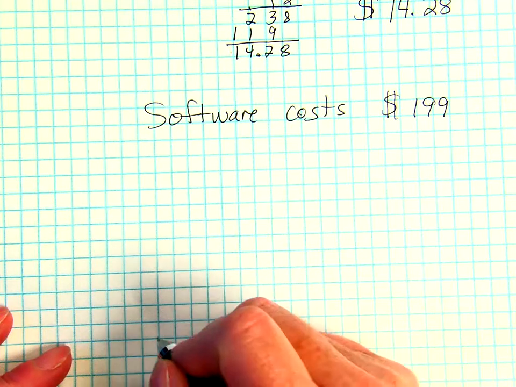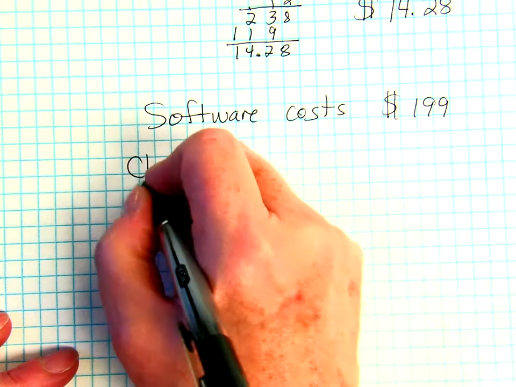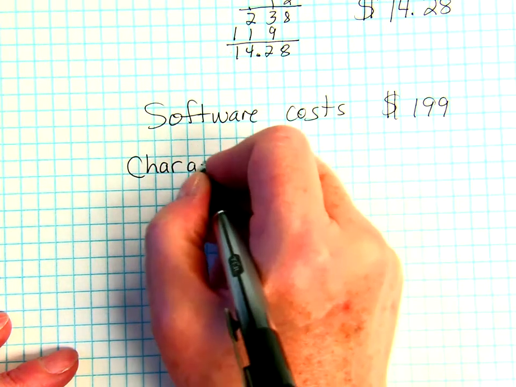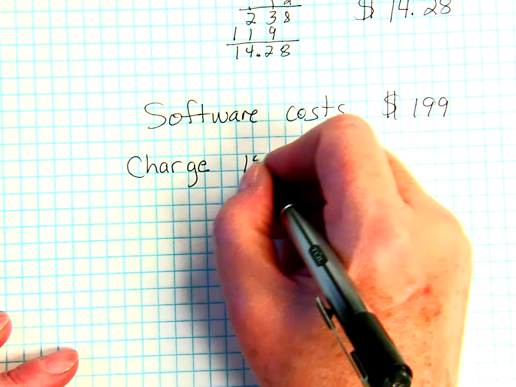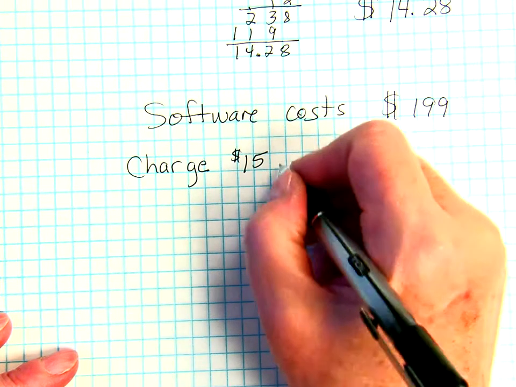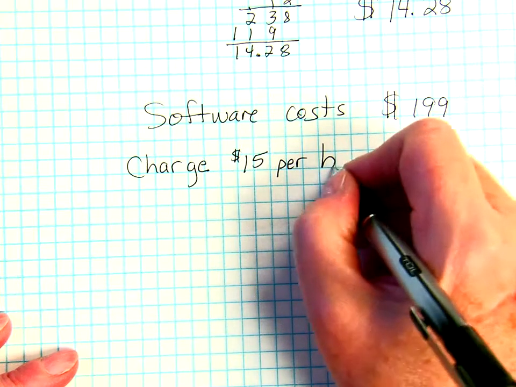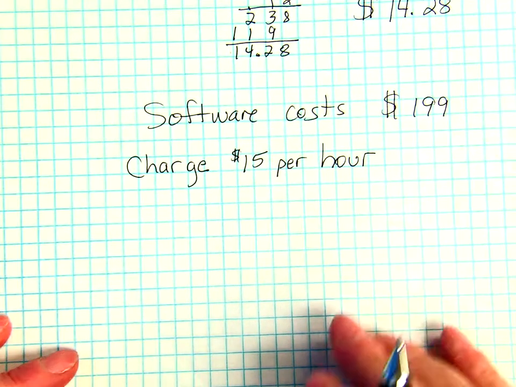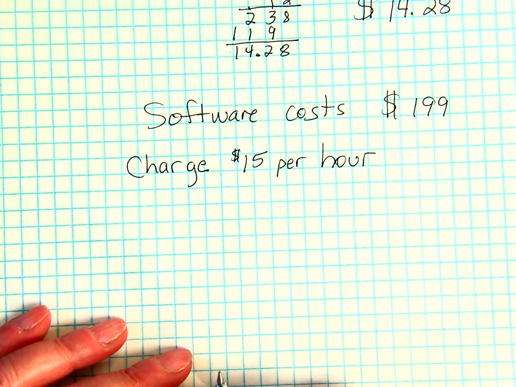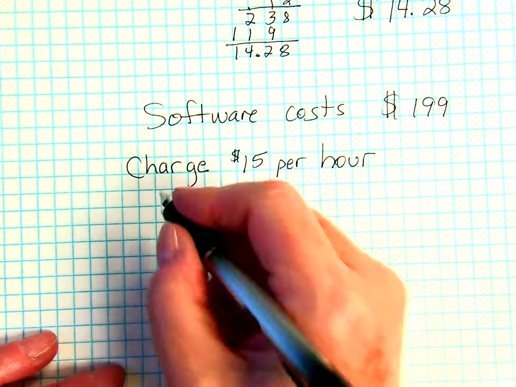You charge $15 per hour for word processing. So we charge, this is how much we make, $15 per hour. Okay. Write a rule to describe your profit as a function of the number of hours you work.